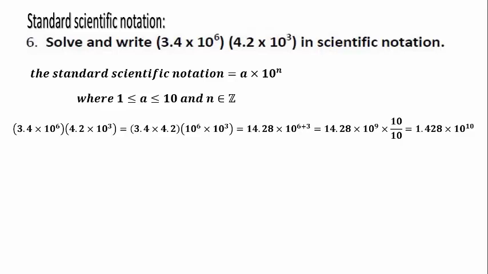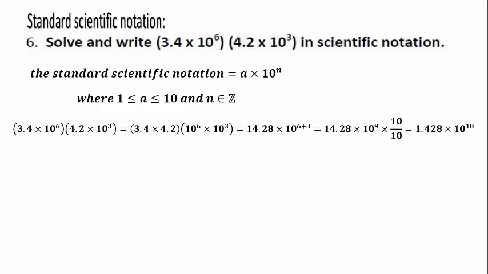It will be equal to 14.28 times 10 to the power 6 plus 3. So 14.28 times 10 to the power 9. Of course, I can't accept that number because as the rule says, A must be greater than or equal to 1 and smaller than 10.